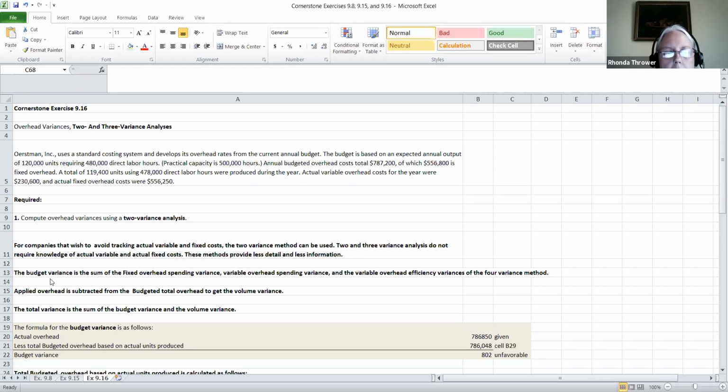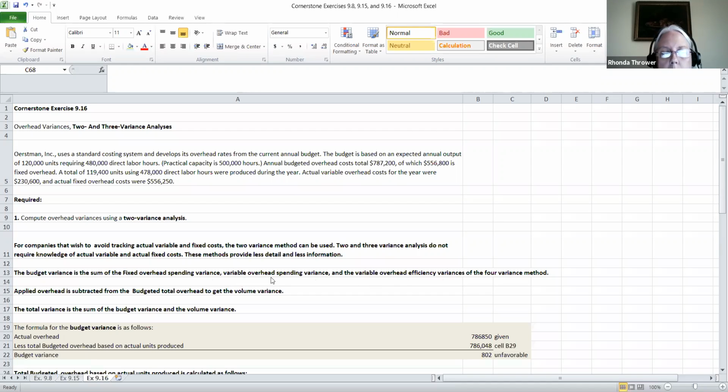The first thing you need to know, especially when you're doing two variance analysis, is the budget variance is the sum of the fixed overhead spending variance, the variable overhead spending variance, and the variable overhead efficiency variance of the four variance method.